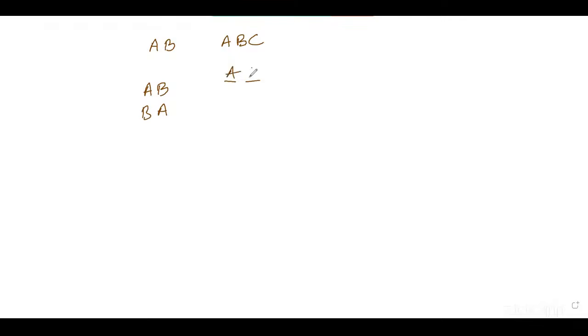It'll be AB, BA, AC, CA, BC, and CB. So there are 6 ways of arranging two letters out of 3 letters. Now in arrangement, the order is important, meaning AB, BA are not the same thing. They're two different things.